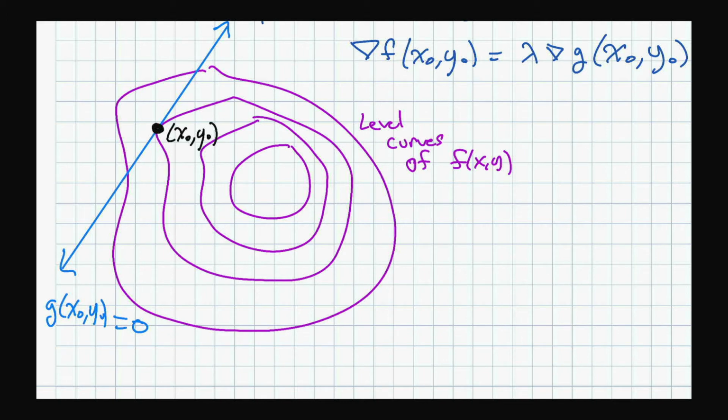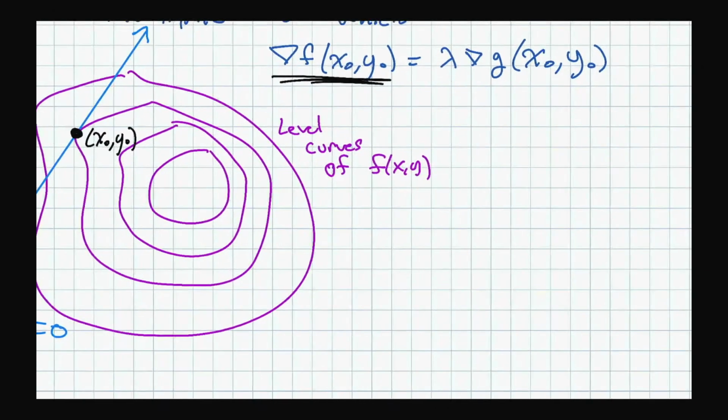And the reason you can use this is, if you remember what the gradient does, the gradient points 90 degrees away from the level curve, right? So just recall, gradient f points 90 degrees away from the level curve. They're orthogonal.